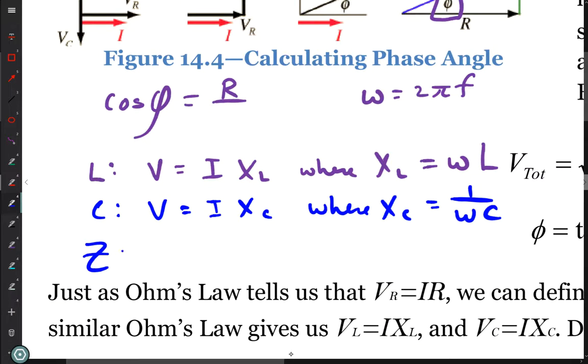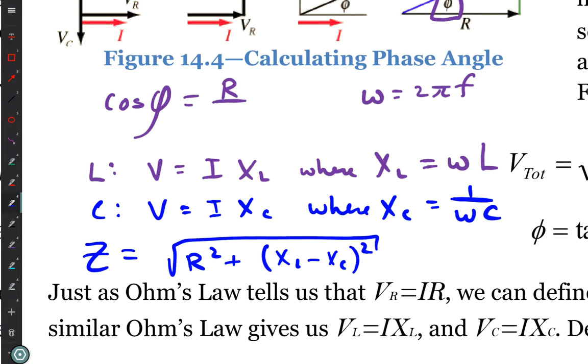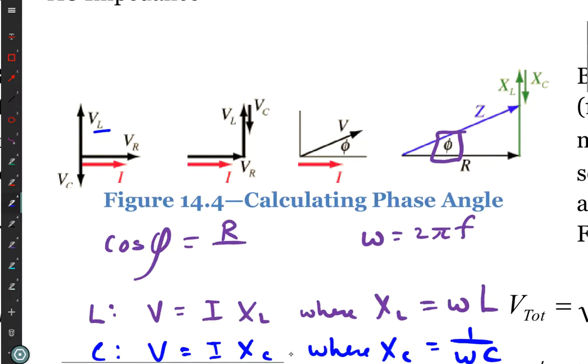And so we find Z is equal to, using the Pythagorean theorem, resistance is horizontal, and then we have X sub L up minus X sub C down. That's what the impedance is actually measured as. So the impedance is the combination of the reactance, which is in the vertical direction on our phasor diagram, and the resistance, which is horizontal, and then we just use the Pythagorean theorem.